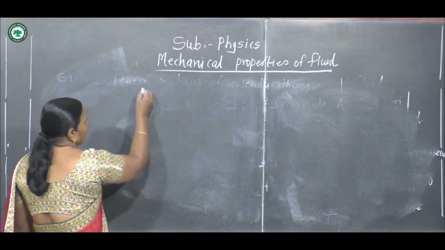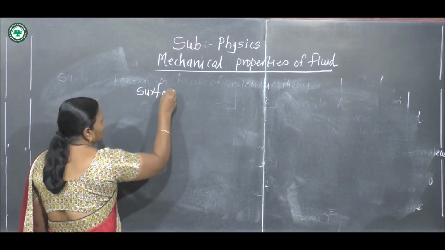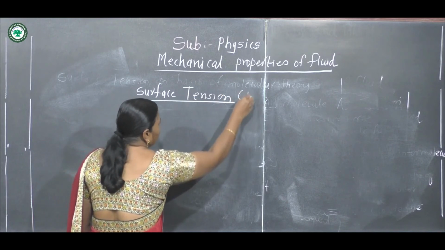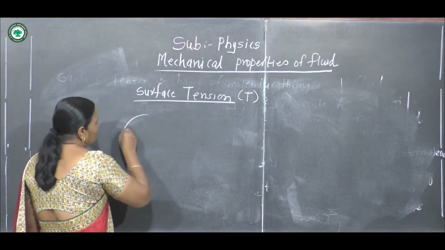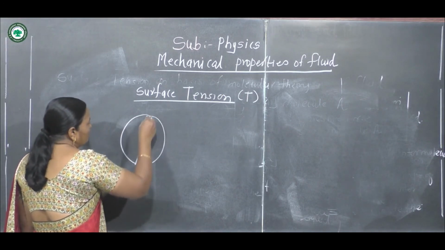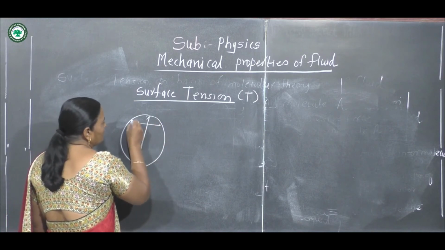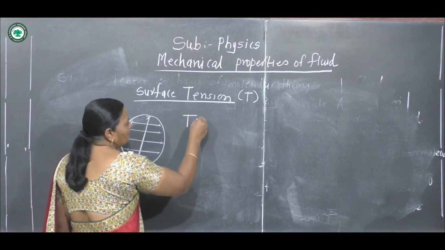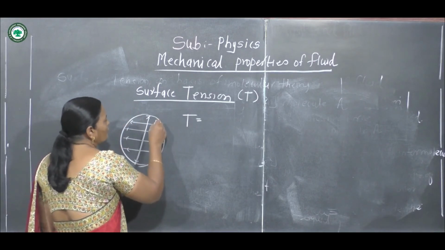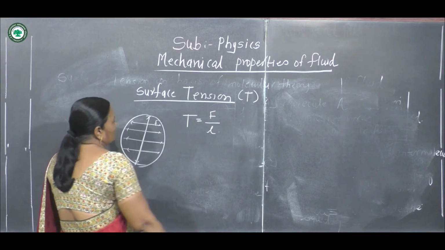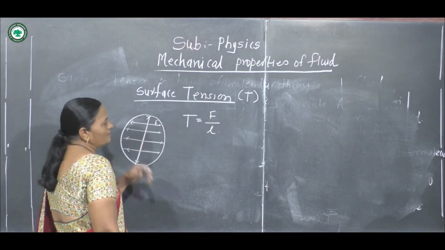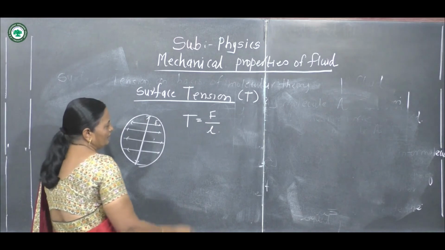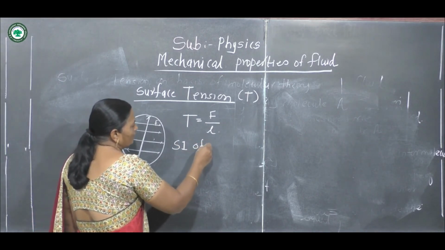Surface tension is denoted by T. Suppose we consider the free surface; these are the forces at right angles. Thus surface tension is defined as the force per unit length, the force acting on an imaginary line.